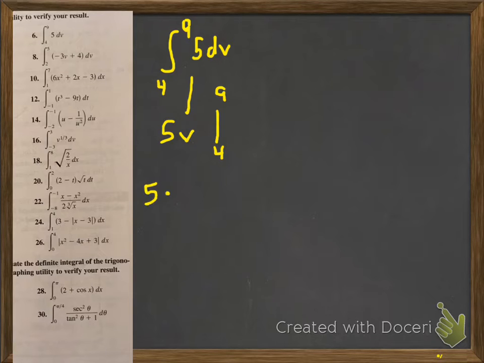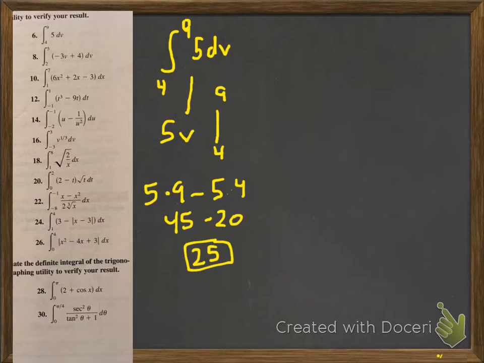So 5 times 9 less 5 times 4. So 45 minus 20 equals 25. And that's it. It's a numerical value. That's the area under the curve from 4 to 9. Let's go to the next one.